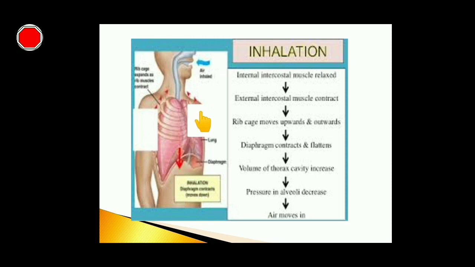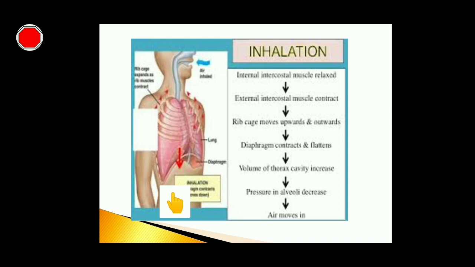So to fill the empty space, the air rushes in through our nostrils and trachea to alveoli. As it is getting space inside lungs, to fill that space, the air enters from the external environment into our lungs. So this is how we inhale.